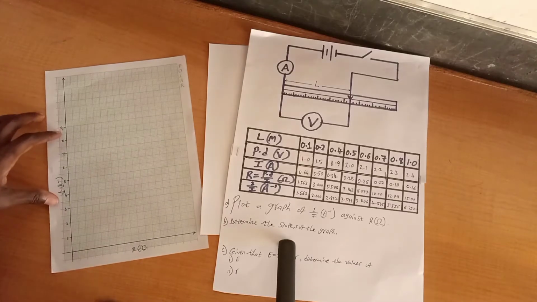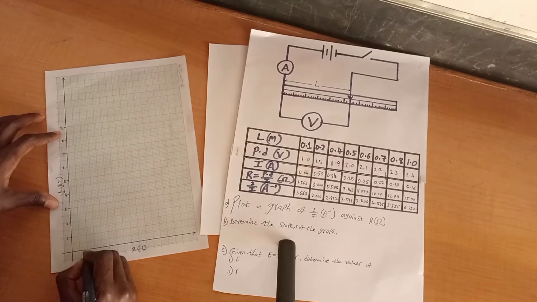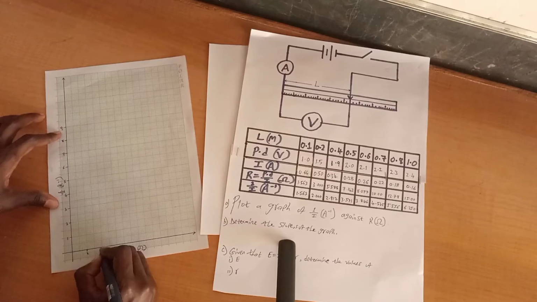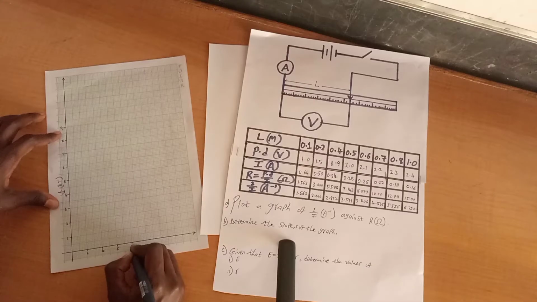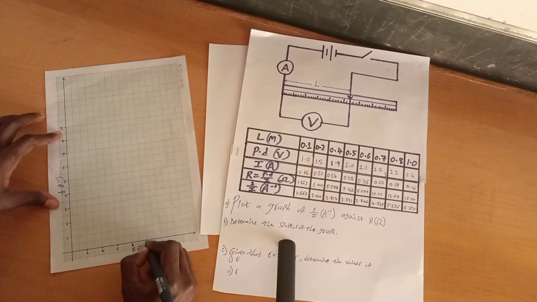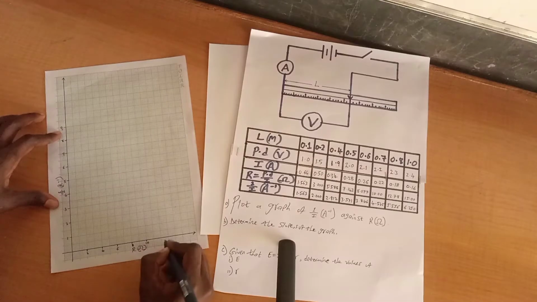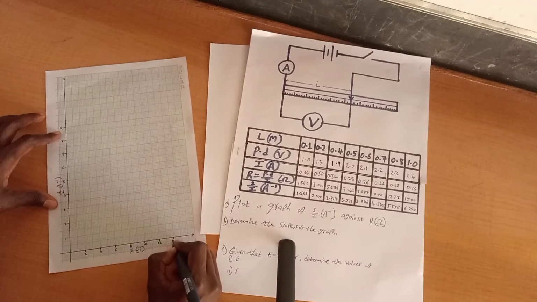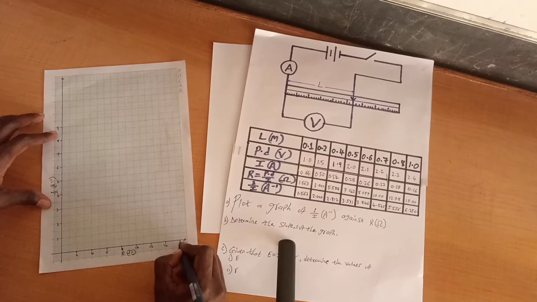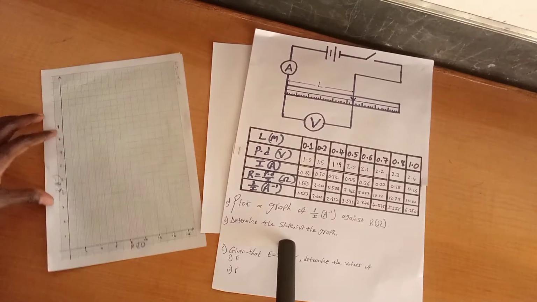Let's say we can work with 2 squares, 2, 4, 6, 8, 10, 12, 14, 16.